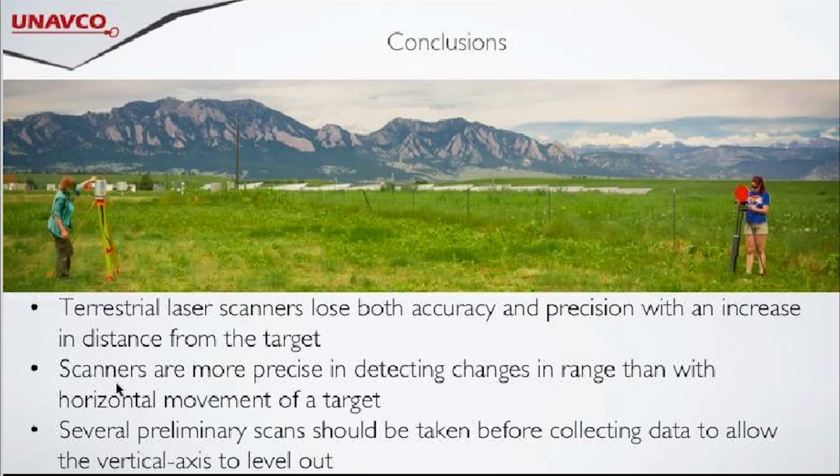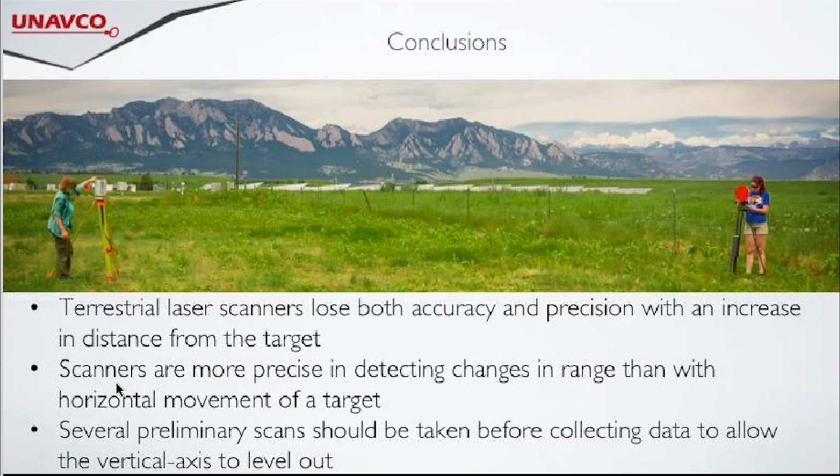Okay, so we have a few conclusions. Qualitatively, the scanners performed as we thought they would. It seemed like accuracy and precision, at least in the y-axis and in the vertical z-axis, did decrease with distance, though we do have insufficient data to really identify a trend and to give good quantitative numbers.